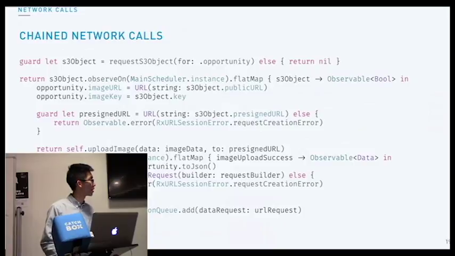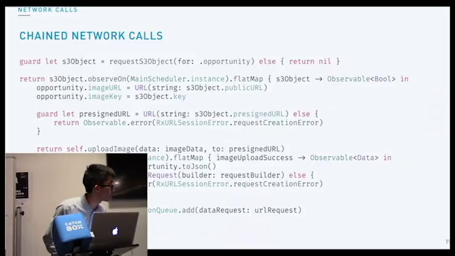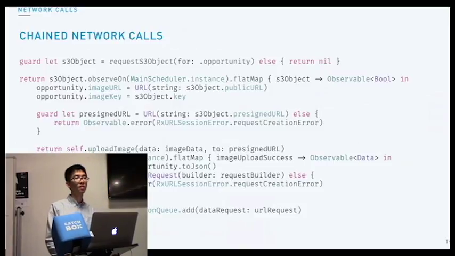So it's chaining 3 different things together. We create a request, subscribe to the result of the request, and then create another request of upload image, and map the upload image result to the next request to start sending out data to the server. That's a powerful side of Rx mapping functionality.